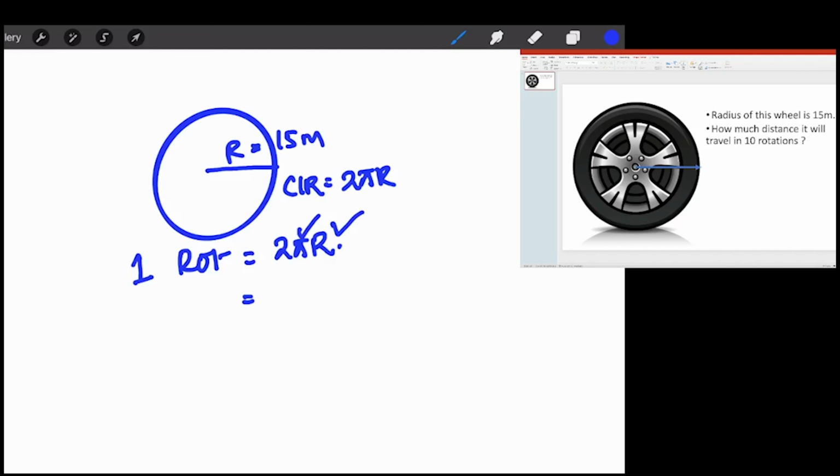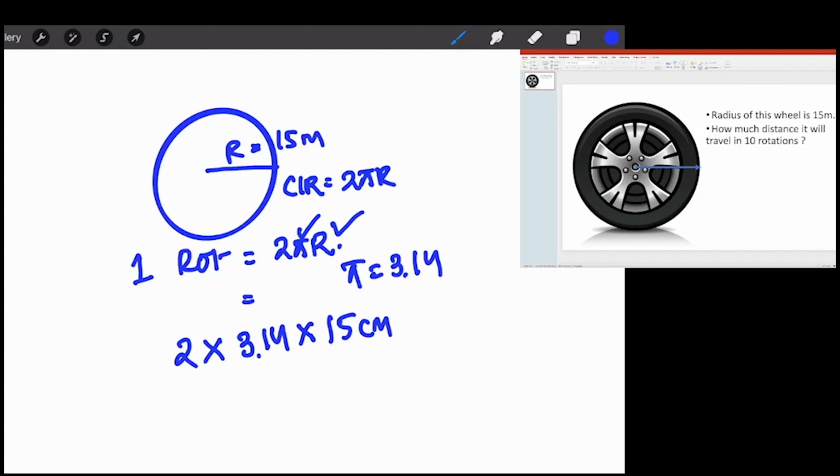What else do we know? We know the value of pi, universal 3.14. So I can write it as 2 into 3.14 into r, which is 15 meters.